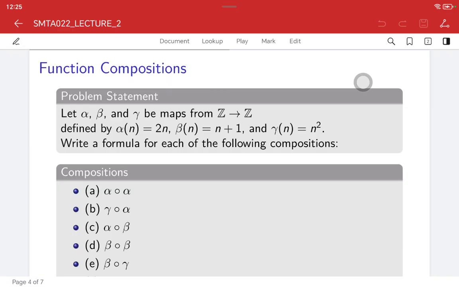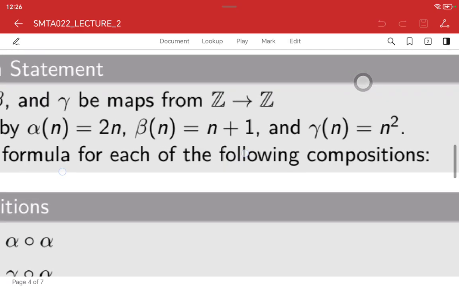Anyone who still remembers how we write this? If not, I can do this, right?